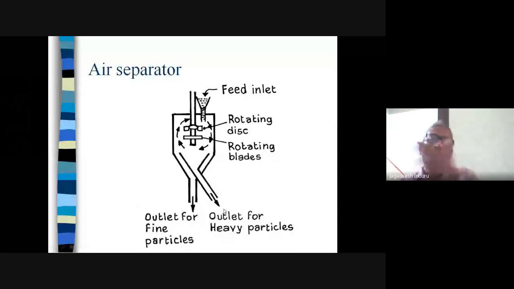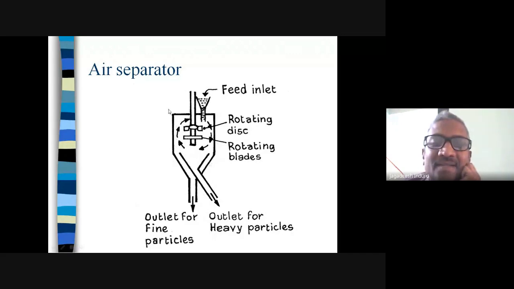Now, the lighter material is pushed by the air wind. The air currents are circularly rotating, and because of the light weight, the material is pushed towards the wall and collected. You are seeing the fine outlets present at the center, which collect from the periphery. Periphery means near the container.